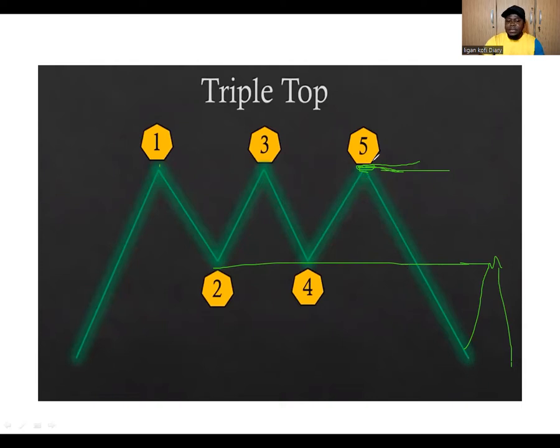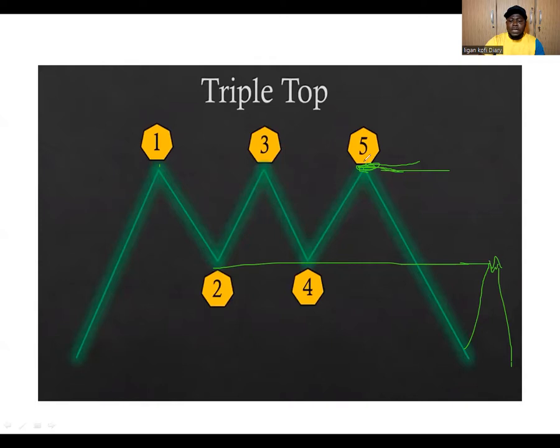The reason being that sometimes this 5 here can break and continue to the upside, and it can sometimes also hold and then come back to the downside. If you are going to be trading the triple top by taking your trade from the 5 over here, then you should expect to see the similar patterns we talked about in terms of the neck.